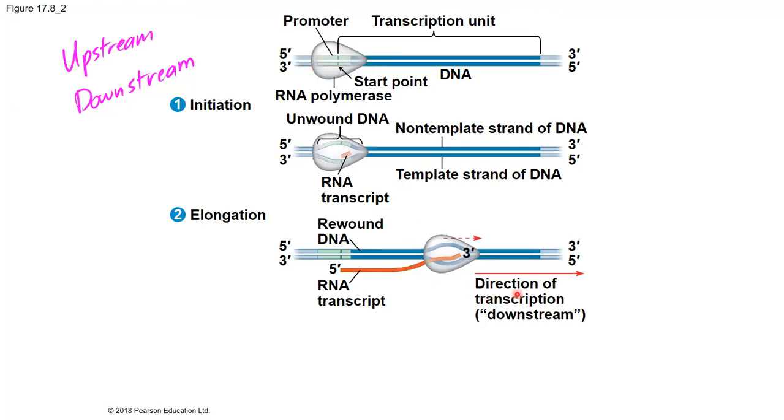The direction of transcription is downstream, which means after the RNA polymerase binds to the promoter, it will move downstream. It will move after the promoter. So these are relative terms to indicate the location of something with respect to another location, or they indicate the direction of movement of proteins along the DNA molecule.